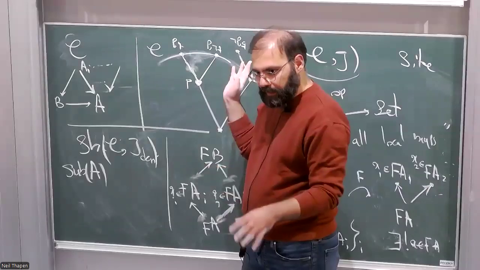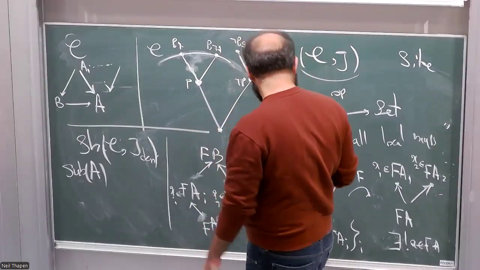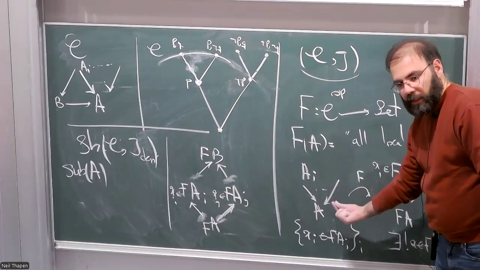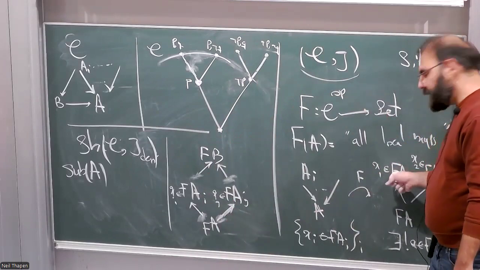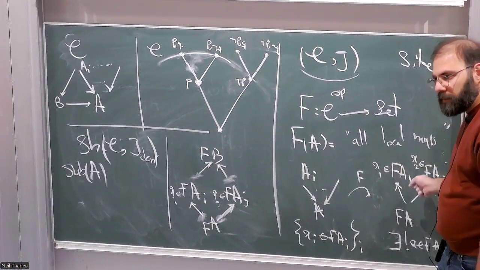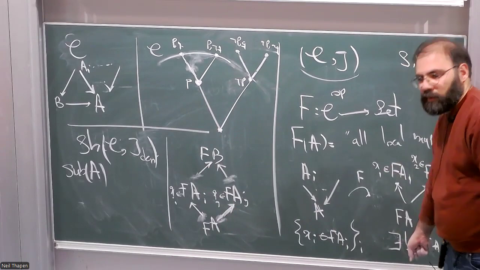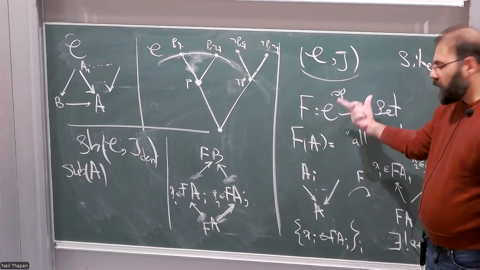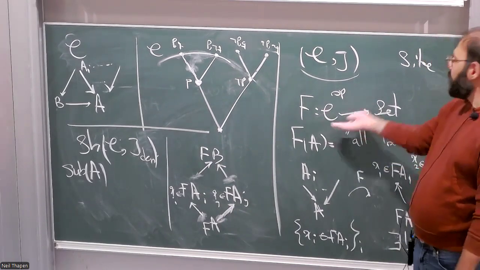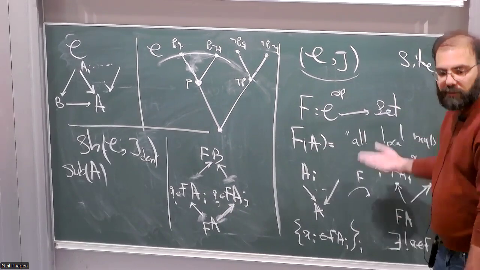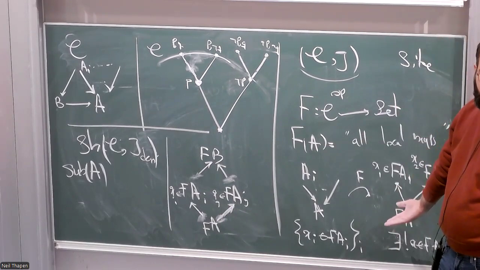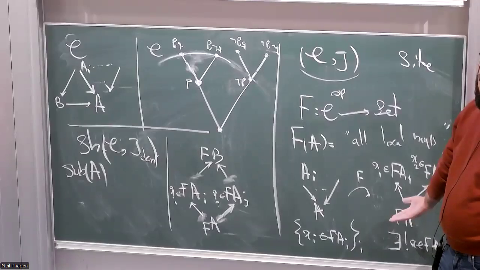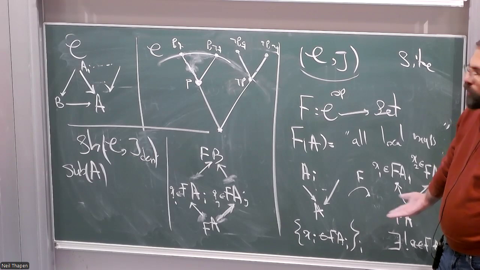The property more or less is that for any covering family according to J, if you pick elements in F of it in a compatible way, then you can glue them in a unique way. So a presheaf is a sheaf if you have this property as well. The category of sheaves over C and J, for some fixed C and J.